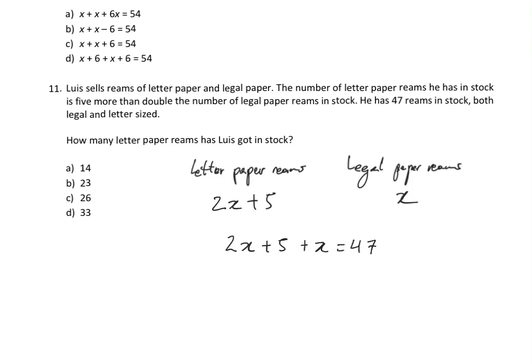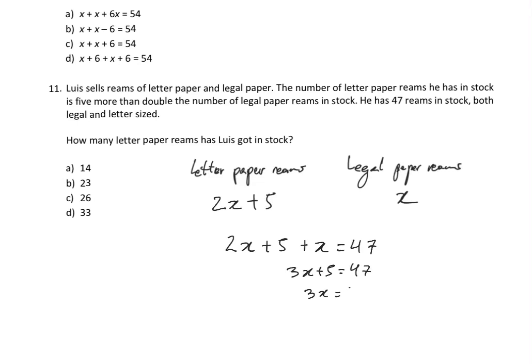And we've set the equation up, and now we can solve it. 2x and x make 3x plus 5 equals 47. 47 minus 5, 42.